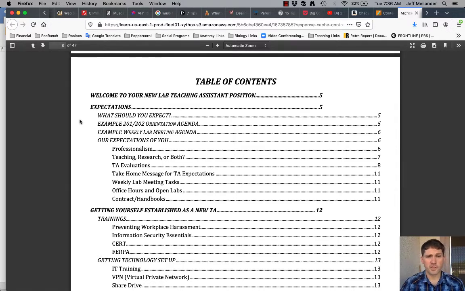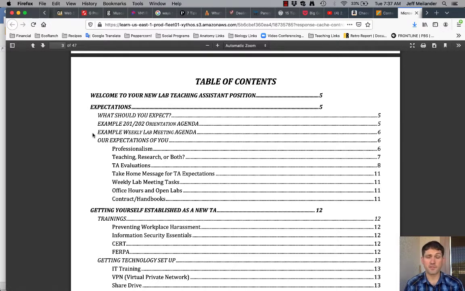So our first section here is expectations. This is basically a little bit of narrative on what to expect as a teacher, as a TA. I'm sure most of you that are watching this are new to a TA position, and you're not here in grad school to be a teacher. You're probably here to do research or save the world, or really get into the actual scientific process.